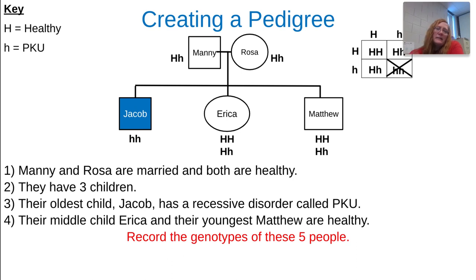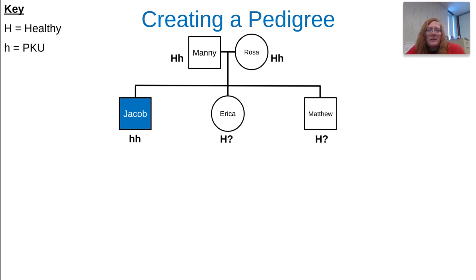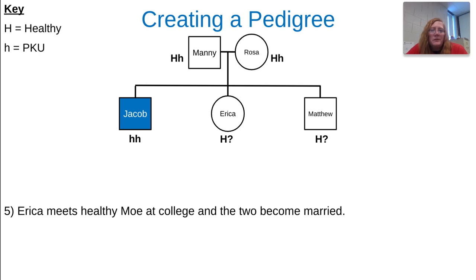And they cannot be little h, little h, because they don't have the disease. Without further information, we either put a question mark like that, or we can put an underscore, meaning that we don't know yet. Either one is correct, depending on how you want to do the pedigree.